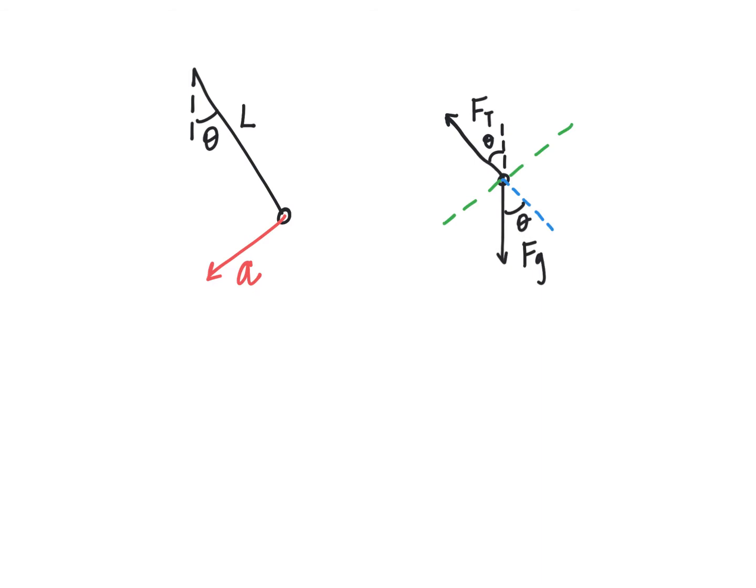If we let the green axis be the x-axis and the blue axis be the y-axis, then my net force along the x direction, which is also the direction of my net acceleration, which is the same direction as my net force, then we can write the sum of the forces in the x direction is equal to m a sub x, because that's the x direction.